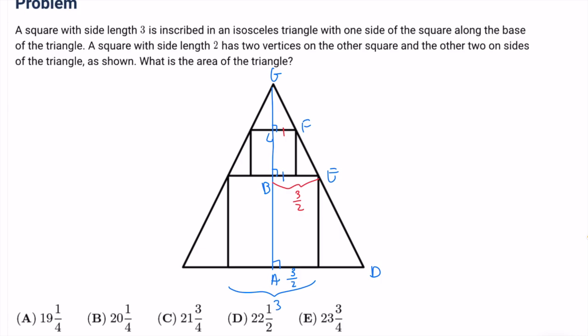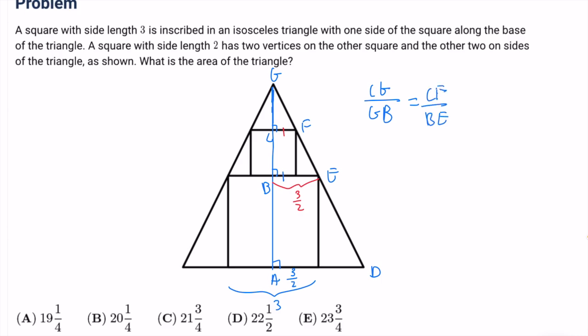Because these 2 triangles are similar, the ratios of their side lengths are equal to each other. For example, we have CG, this length right here, over the whole length of GB. So the longer side of the smaller triangle over the longer side of the larger triangle is equal to CF over BE.